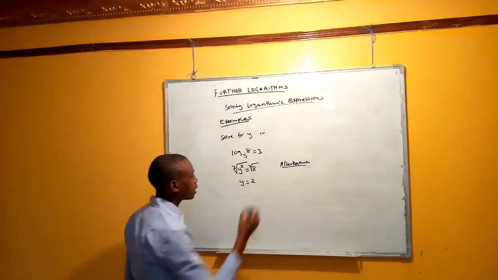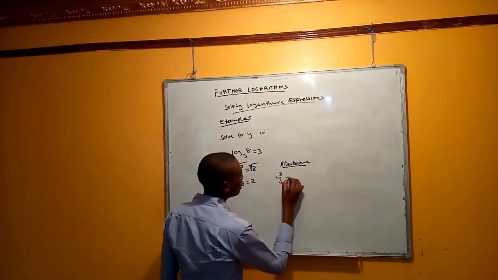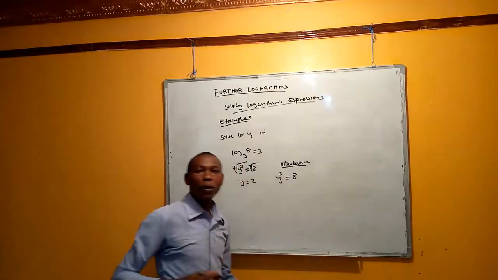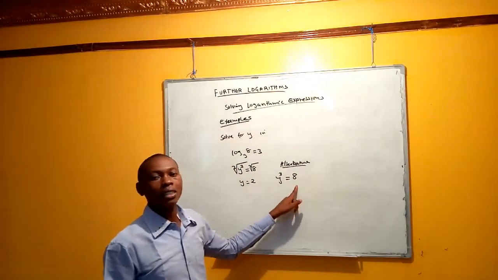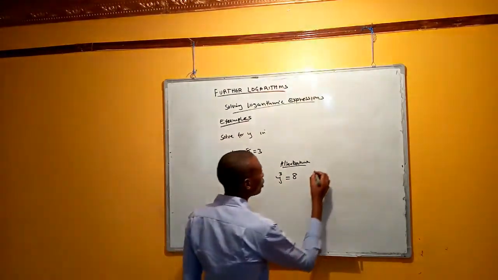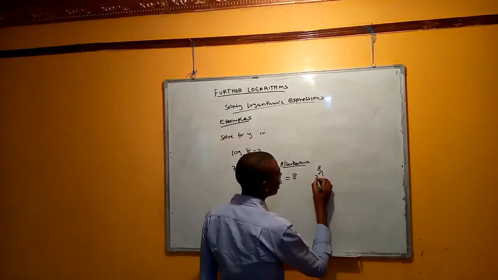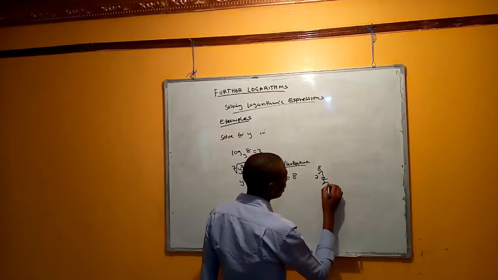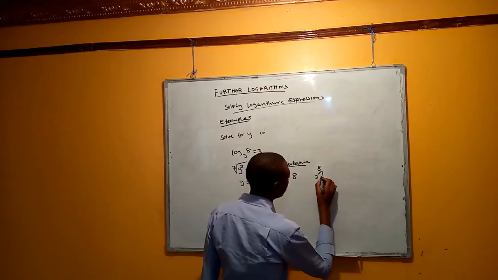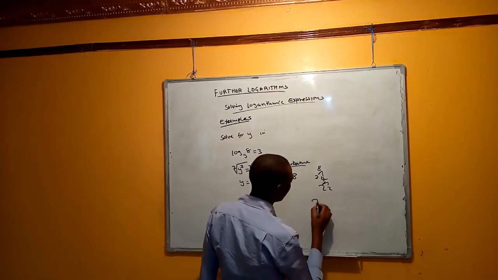Alternatively, you could have also done it another way. You can say that y raised to power 3 is equal to 8. Suppose we break 8 into the simplest base. It becomes 4 times 2, which is 2 raised to power 3.